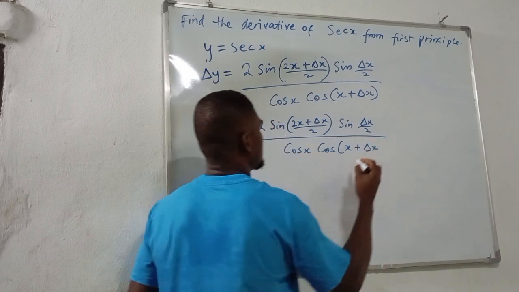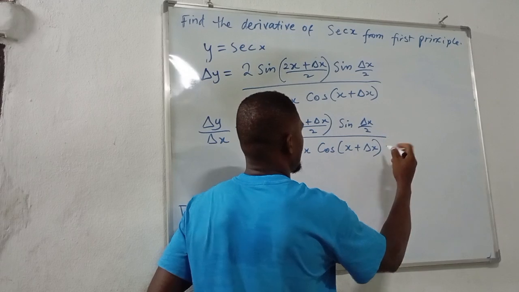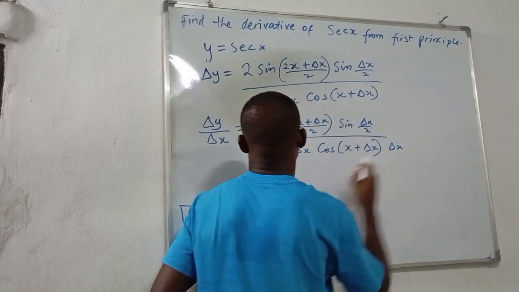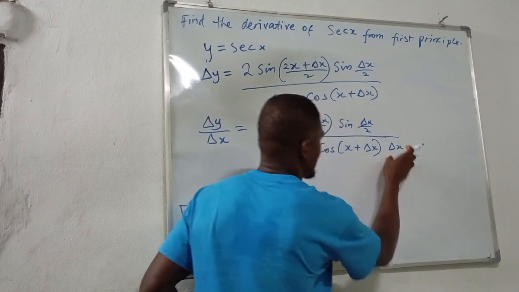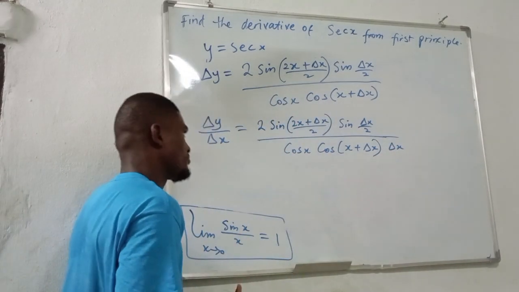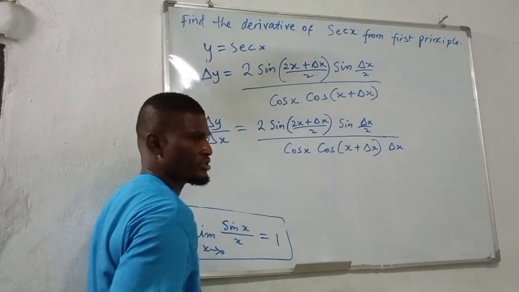And then remember, we're going to divide both sides by dx. So we've divided this side by dx. We have to divide this side also by dx. That means dx is going to be on the denominator. Remember, this is the numerator, this is the denominator.